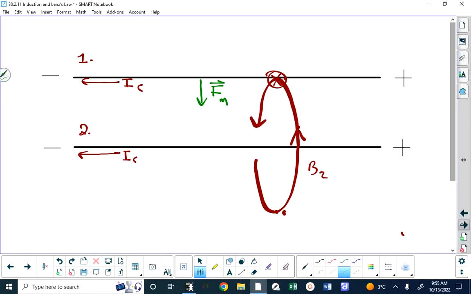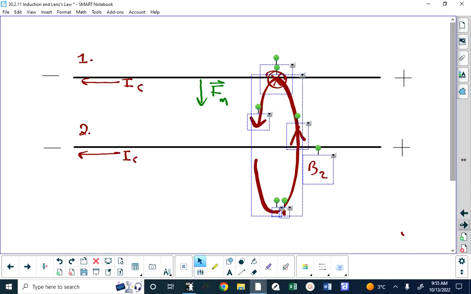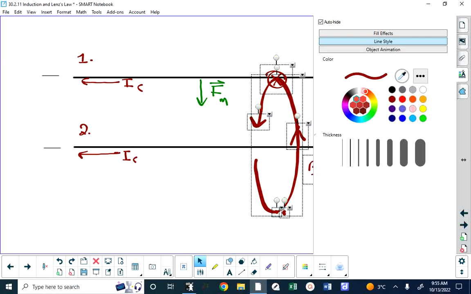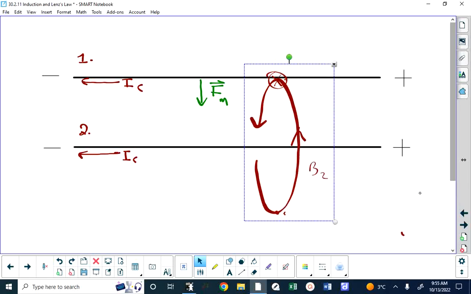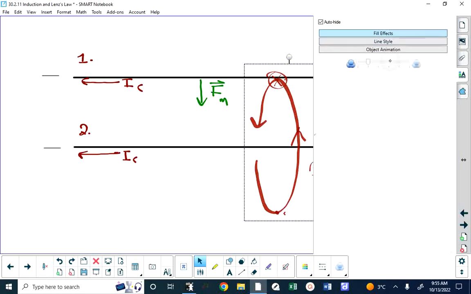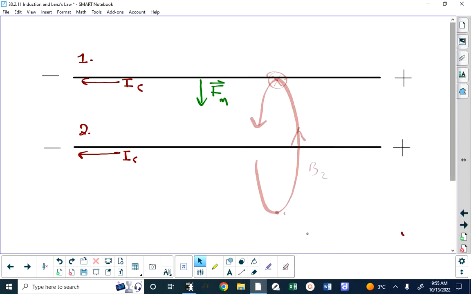Now, what if I did the same thing and I say, what is the direction, and this is going to get really ugly, what now is the direction of the magnetic field from wire 1 where wire 2 is? Well, we're going to have the same circular magnetic field, aren't we?